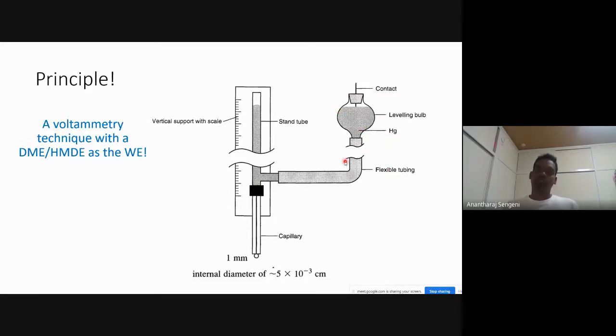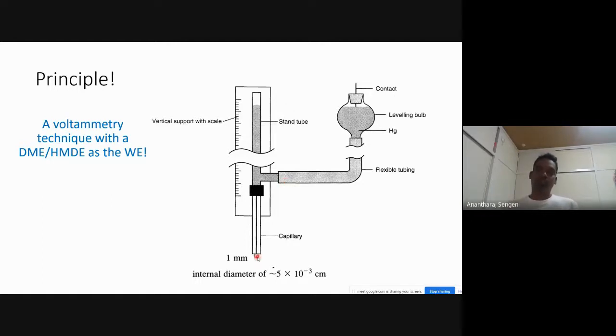Just by adjusting the mechanical valves here, we can adjust the rate of flow of mercury that is forming an Hg bulb, or what we can say an Hg spherical electrode or drop. This drop can be stabilized without falling just by stopping the flow of mercury here. In that case, it is called a hanging mercury drop electrode or static mercury drop electrode.